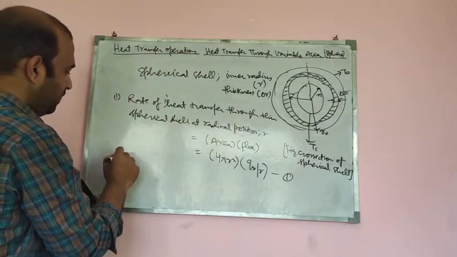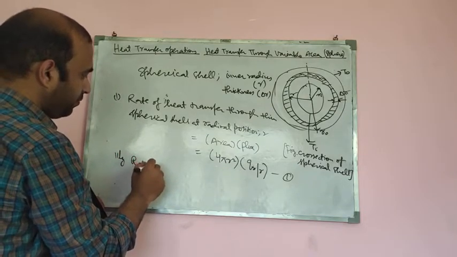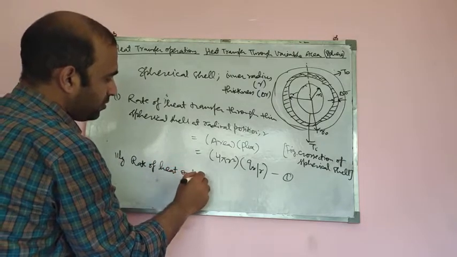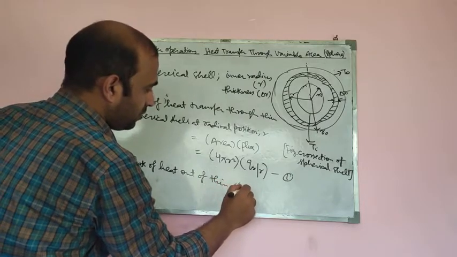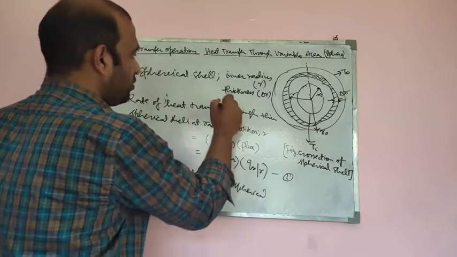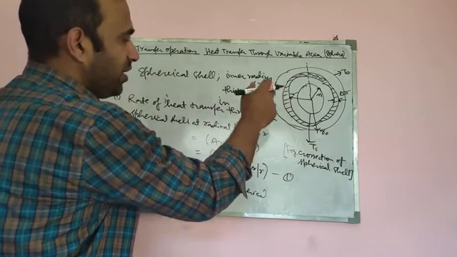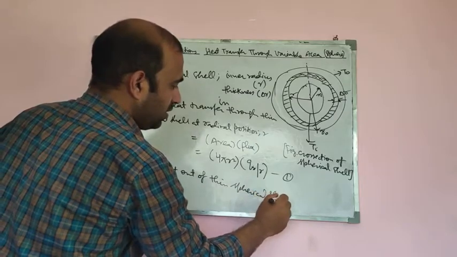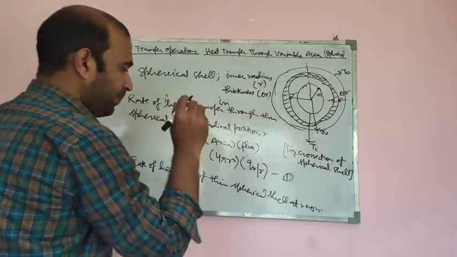And similarly, the rate of heat transfer, heat out of this thin spherical shell. The first one is heat in because it's going inside, and then we have the rate of heat out of the thin spherical shell at r plus delta r.